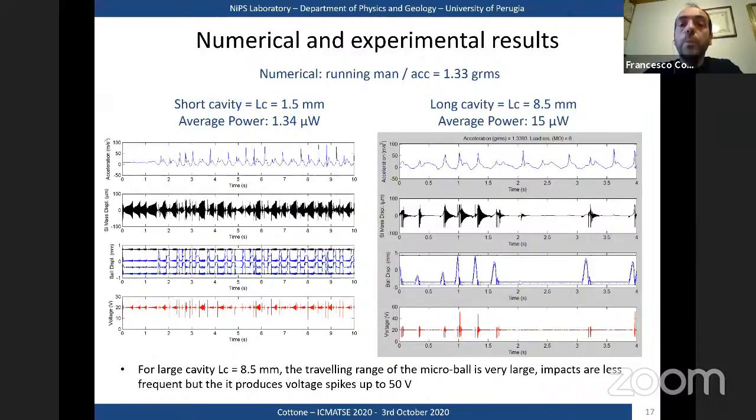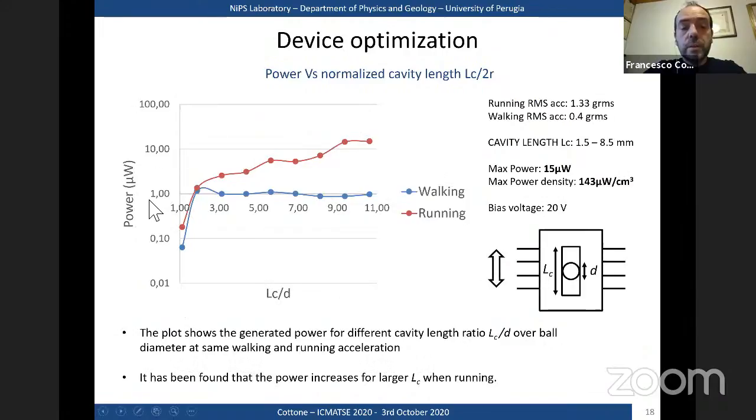So we can optimize by changing the cavity length and by changing some other parameters, of course, for example the bias voltage of the device. So for example, in this plot, you can see the generated power as a function of the cavity length that is normalized by the dimension of the system.